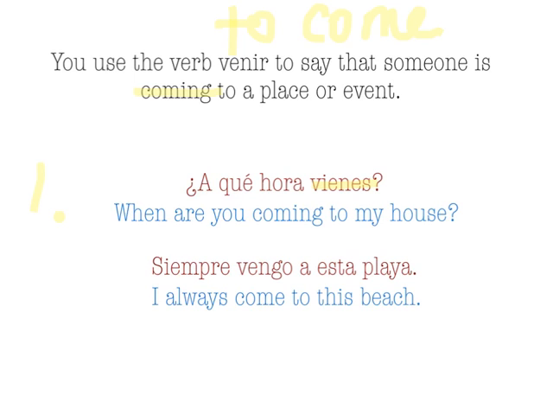When are you coming? Vienes would be you coming to my house. Or what hour are you coming? Siempre vengo a esta playa. Siempre vengo, I always come to this beach. We're going to use it just like we use it in English.